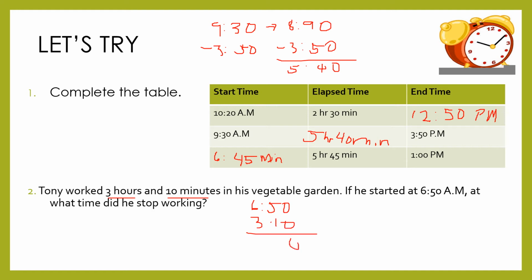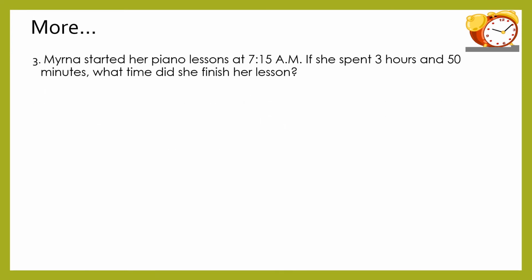So we have 0, 6, and then a 9. So 9 plus 60, that means 10 o'clock. So you finish your work at 10 o'clock a.m. because you spent 3 hours and 10 minutes. Okay? That's it. Next, let's have more examples.